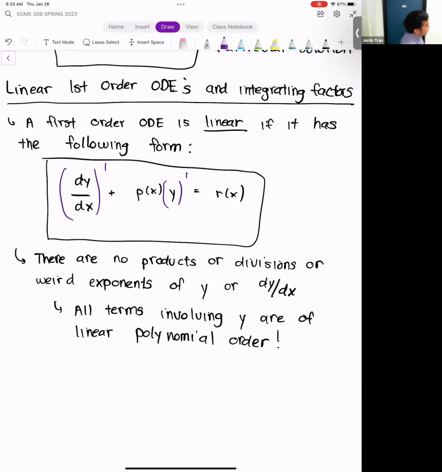All right, so when we have a linear first order differential equation like this, we can solve it using a technique called integrating factors. I'll explain that.